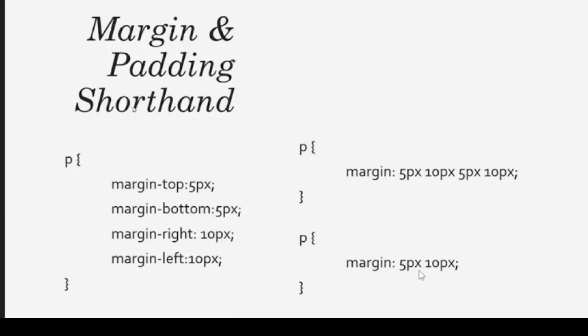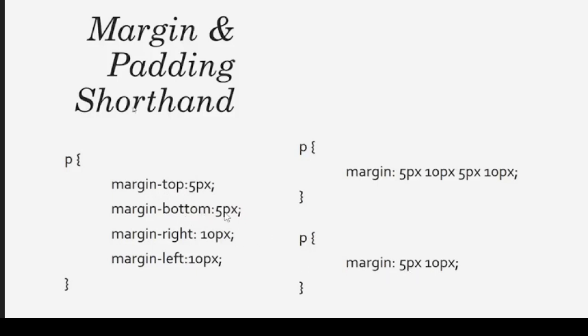You can actually go further and reduce it in this way. If your top and bottom are the same value, which is 5 pixels, and your right and left are the same value, instead of writing 5 pixel margin top and 5 pixel margin bottom, you can come here and just say 5 pixels.